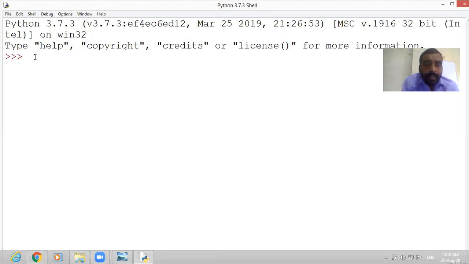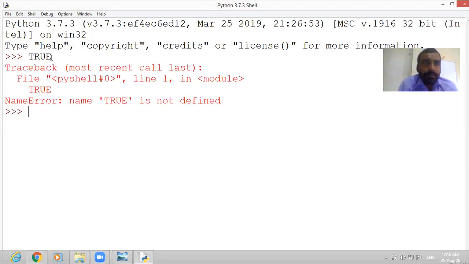Okay. Now here, if I type bool(0), see what came? False. You got false, which means the Boolean integer 0 stands for false.